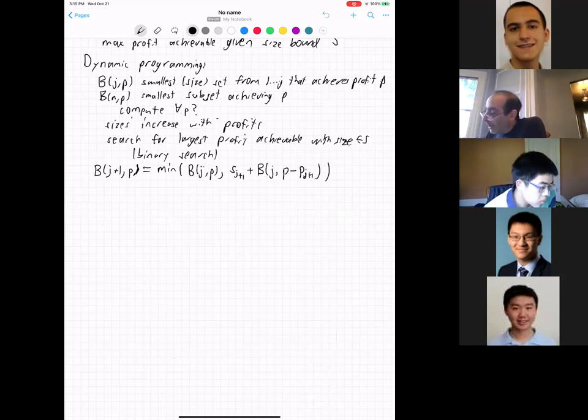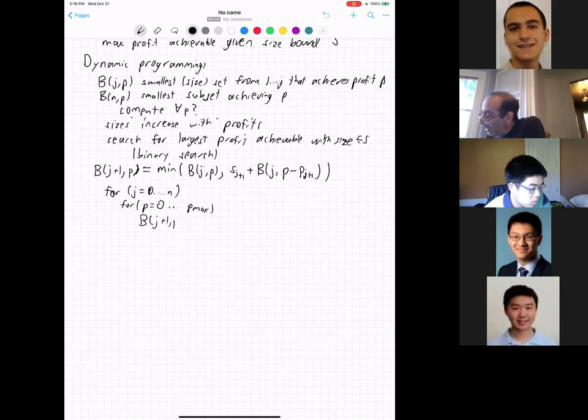So now it should be pretty clear that we can put this inside of a loop, right? Where we go from 0 to n, and then we go from a profit of 0 to whatever the maximum achievable profit is. And we fill out the table in that order, right?